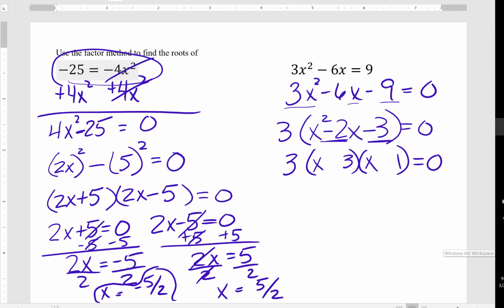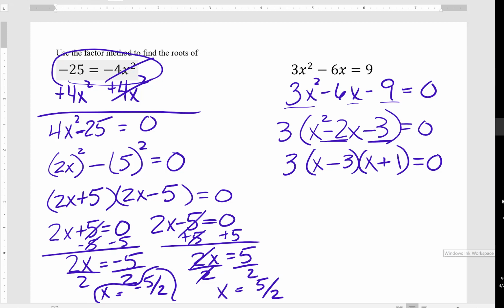But one of them has to be negative, so you need negative 3 times positive 1, or positive 3 times negative 1 to get a negative 3. But the 3 needs to be negative, because negative 3 plus positive 1 is negative 2, and that's what you need for that middle term, that x term.